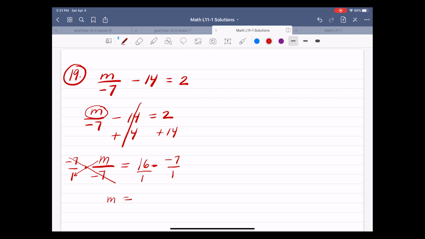Anything divided by 1 is always itself. And then I'm going to multiply 16 times negative 7, which is going to be a negative 112 over 1. m equals negative 112 divided by 1, which is negative 112. That's your answer.